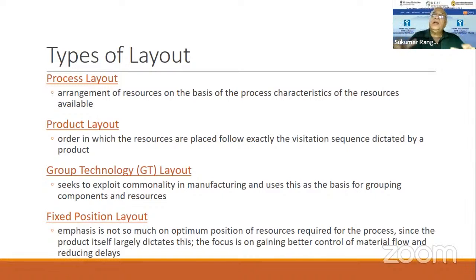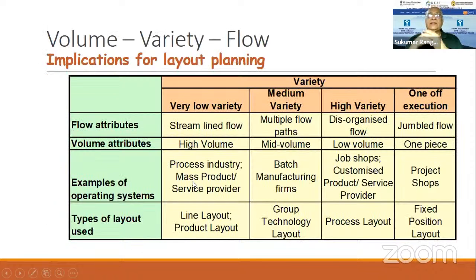So the machinery is fixed and the products will move depending upon the requirement to that particular place. Emphasis is not so much on the optimum position of resources, since the product itself largely dictates this. The focus is on gaining better control of the material flow and reducing delays. So we'll get into a little detail of each one of these.